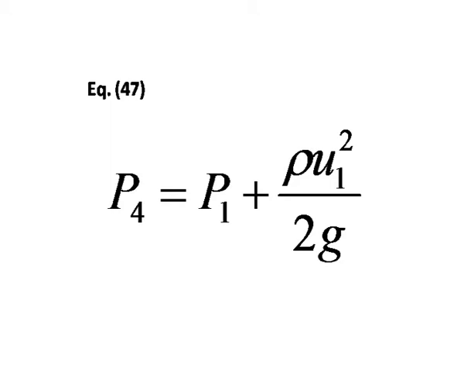In this equation, that is equation 47, the term rho U1 square by 2g is called the dynamic pressure because it represents the pressure due to the fluid's kinetic energy. The stagnation pressure P4 is the sum of the static and dynamic pressures, and it is the highest pressure obtainable along a given streamline, assuming that elevation effects are negligible.